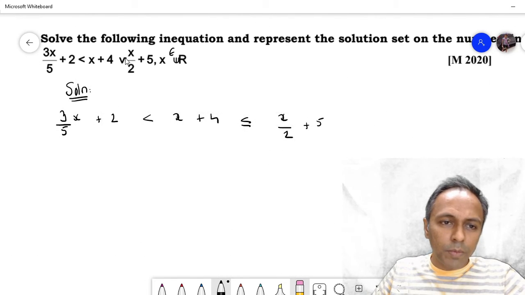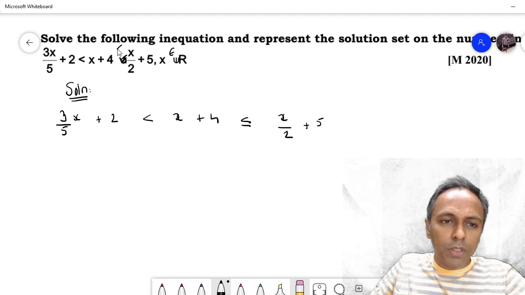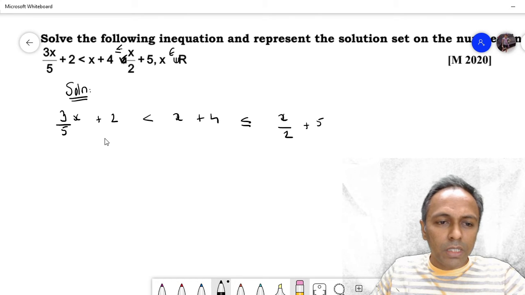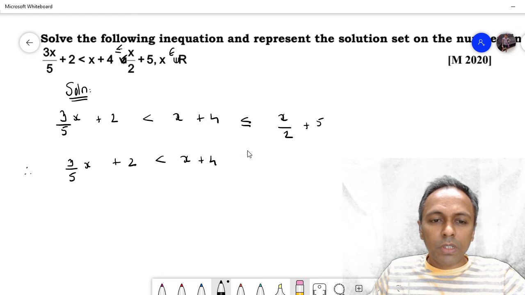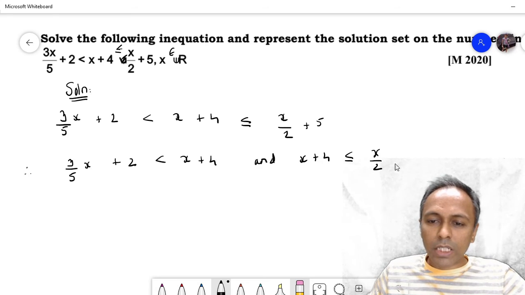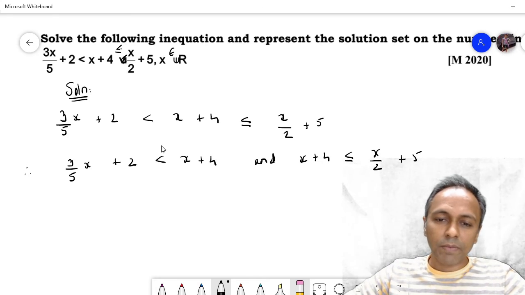Here it's not printed properly, less than or equal to is there. Let's continue. So we have 3/5x plus 2 is less than x plus 4 and x plus 4 is less than or equal to x/2 plus 5.